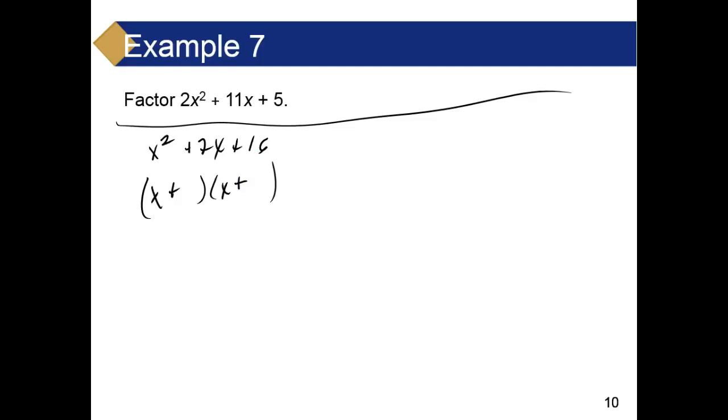Now we need two numbers that multiply to be 16 but add to be 7. Not in, you got 1 and 16, that won't work, obviously. 2 and 8, that won't work. 4 and 4, that won't work. So guess what? This is not factorable. So we call this a relatively prime problem.